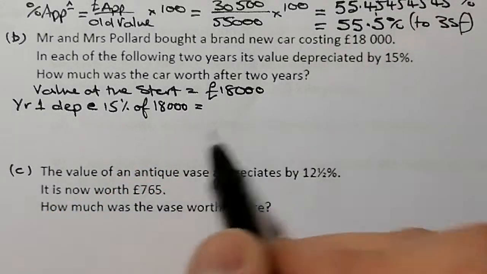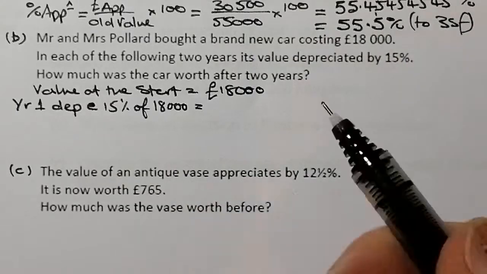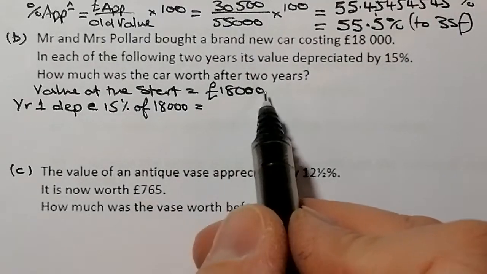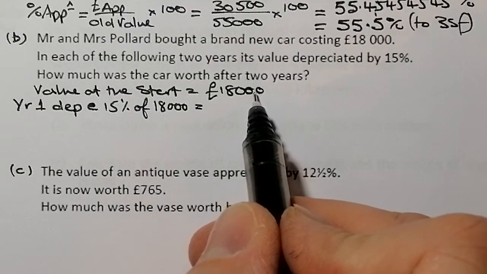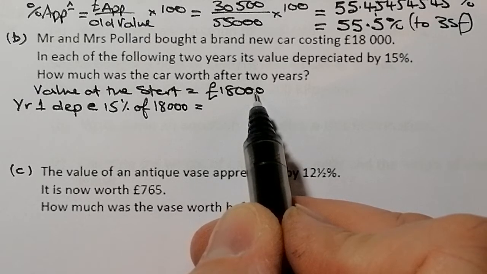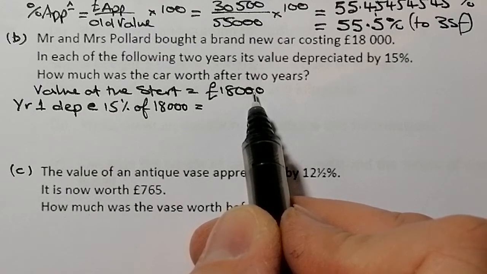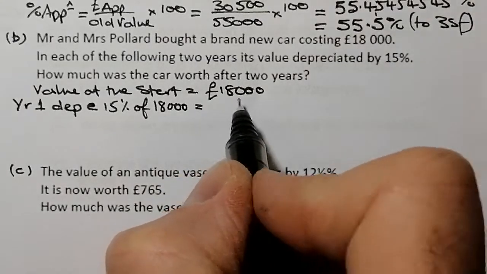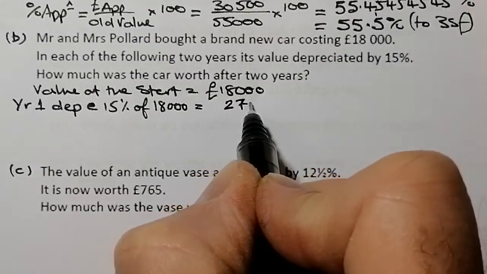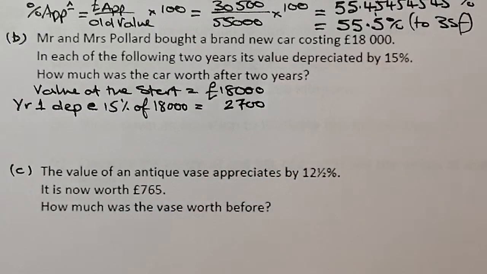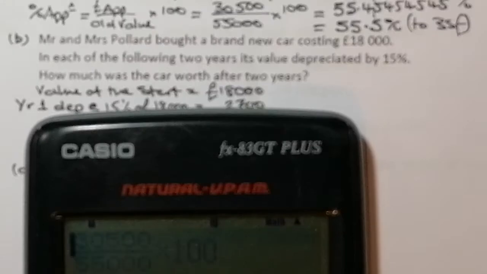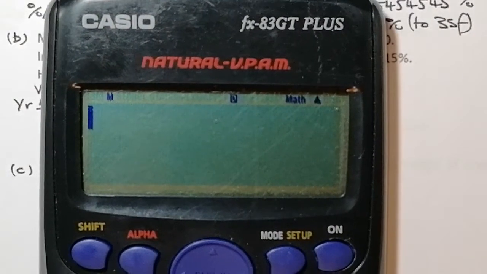We can do that with the calculator or mentally. 10%, I just drop the decimal point, which gives me 1800. 5% would be half of 1800, which is 900. Adding these together, 1800 and 900, gives me 2700.